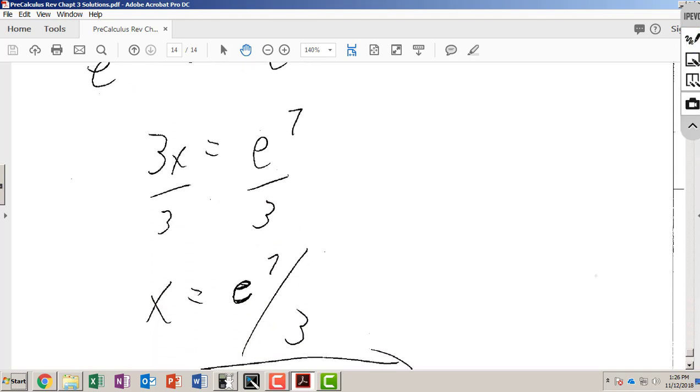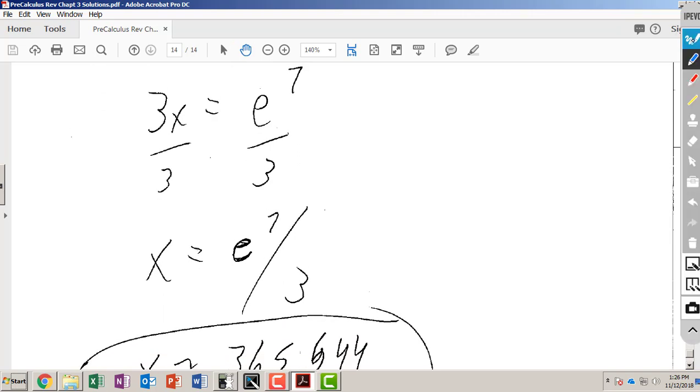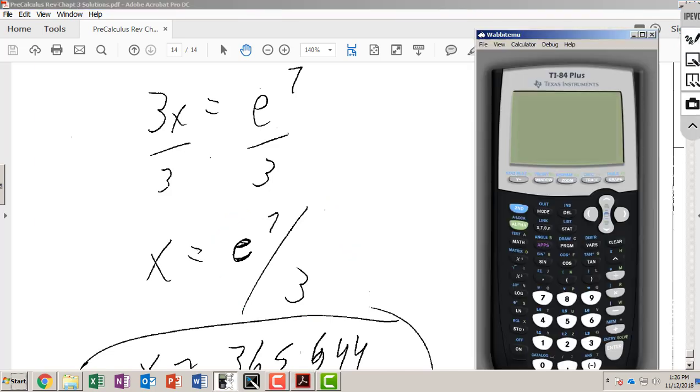Now I'm going to divide both sides by 3, and then I'm just going to go ahead and put it into my calculator. So dividing by 3, I've got e to the 7th all over 3. Now just go ahead and put that in my calculator. Typing that in, I hit second function, e. I type in my 7.